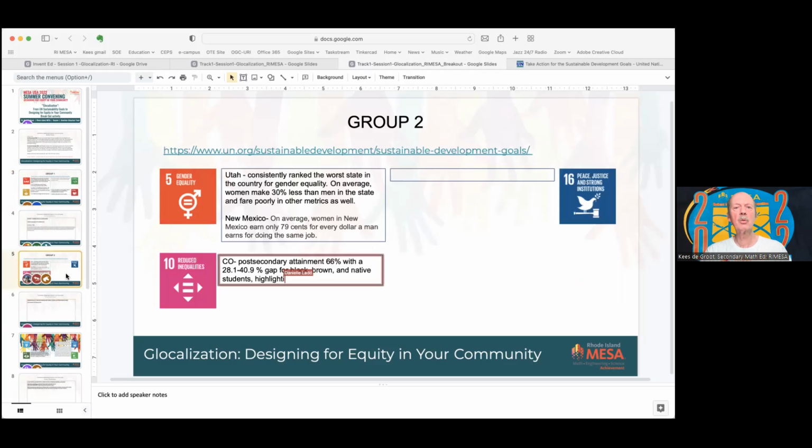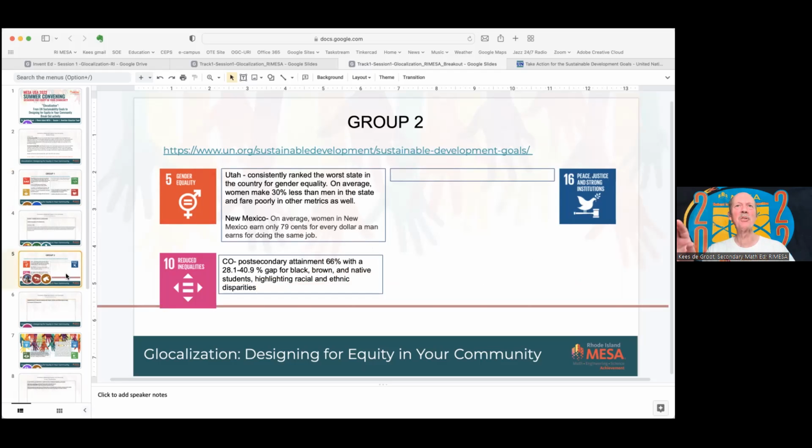And then group two is still typing. It can be interesting, right? Once you start looking and you see other links, it gives you a view of the scope of the issues taking place in your state.